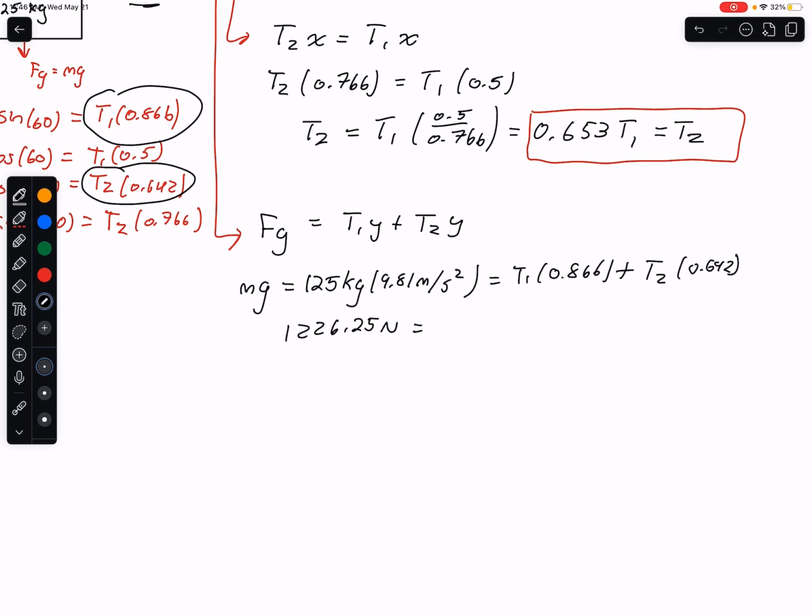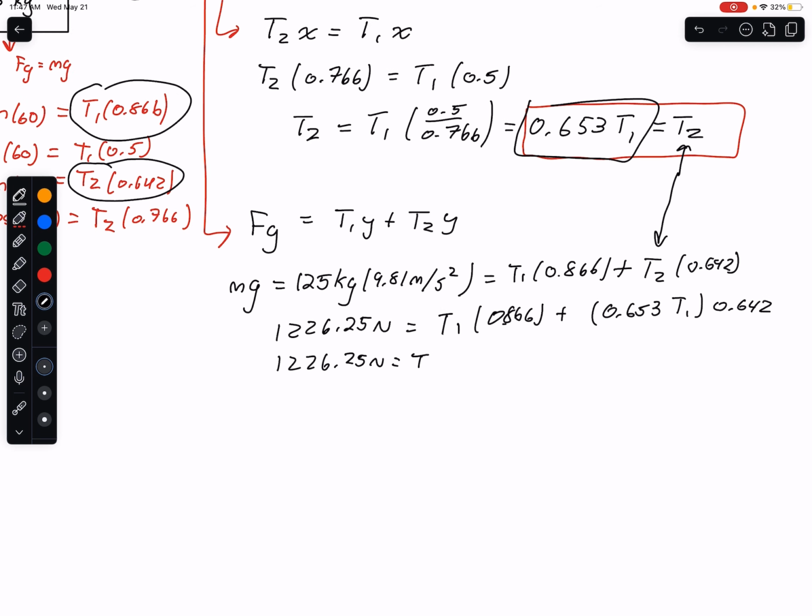And if you remember from before, we know that t2 is equal to t1 times 0.653, and I'm going to substitute that down here into this equation. Now we get t1 times 0.866 plus 0.653 t1 times 0.642. Now if we factor out the T1, we get 0.866 plus 0.653 times 0.642, and that gives us 0.419.